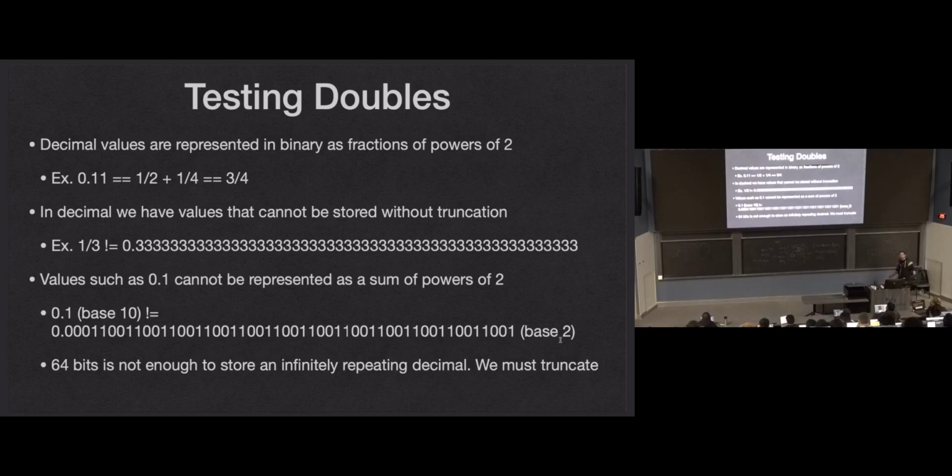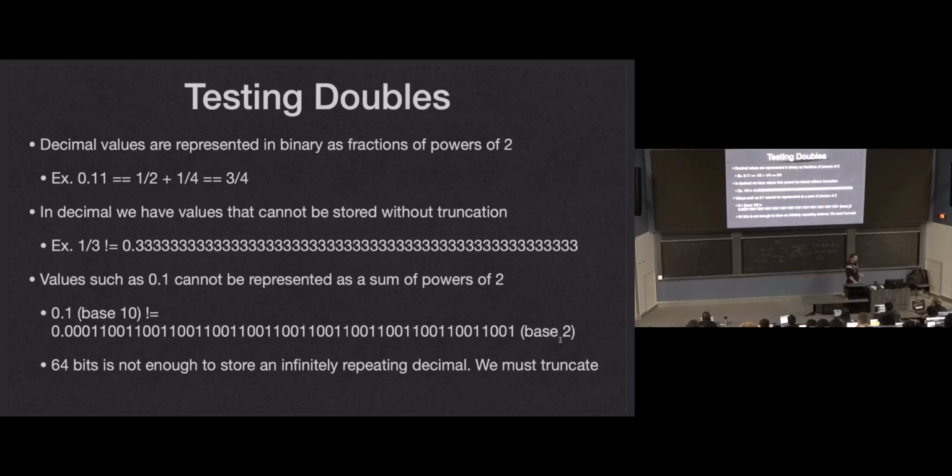That sequence repeats out to infinity to exactly represent the value 1/10 in binary. At some point, 64 bits just isn't enough, and the computer has to truncate our value. So we can't store 0.1 exactly in the computer, and that difference is what we call a truncation error.